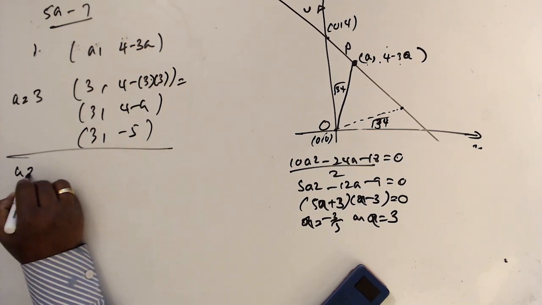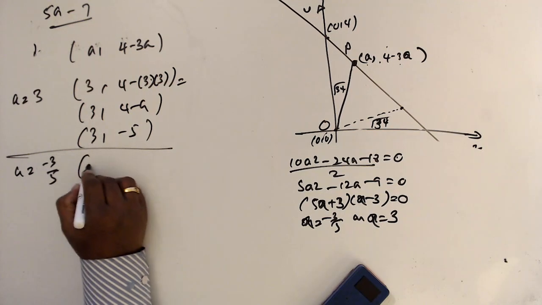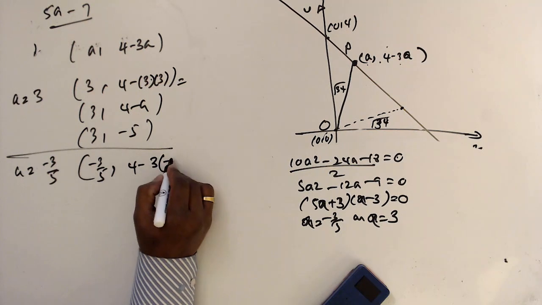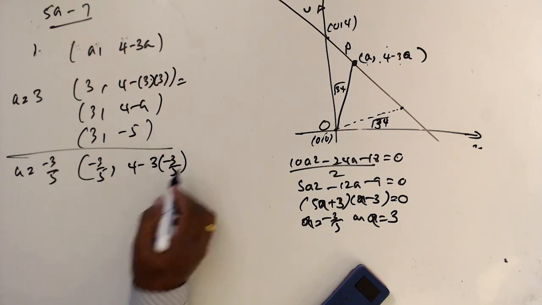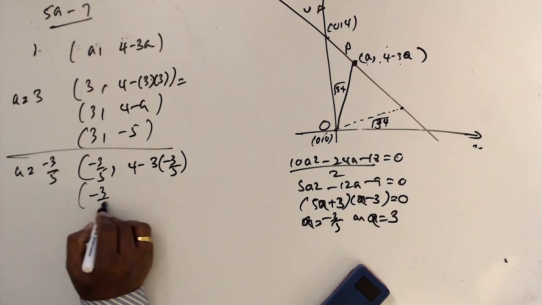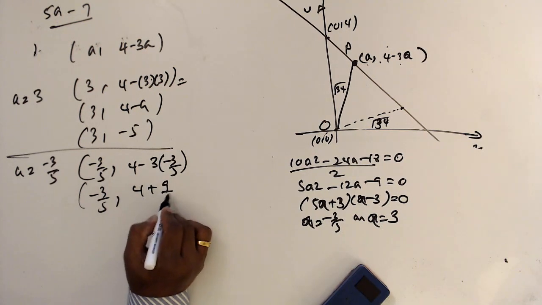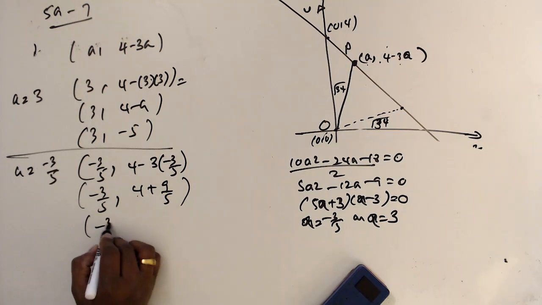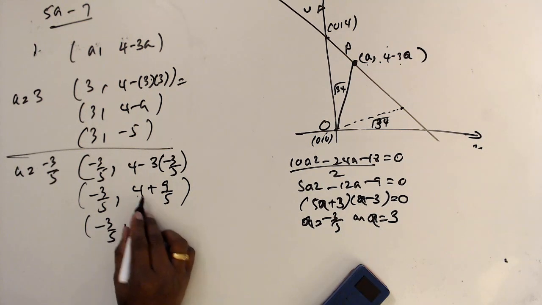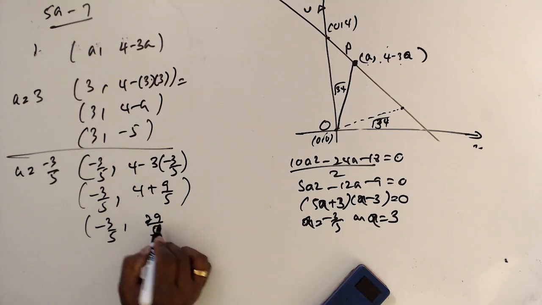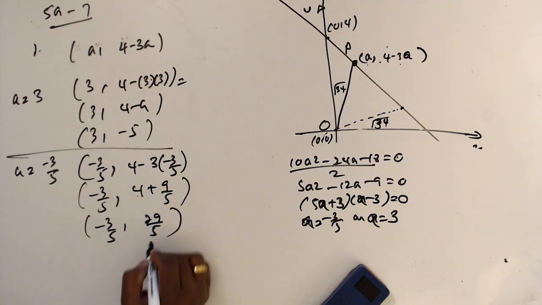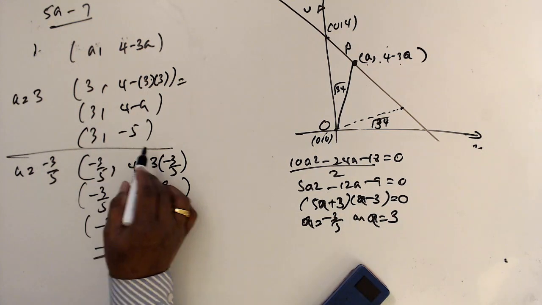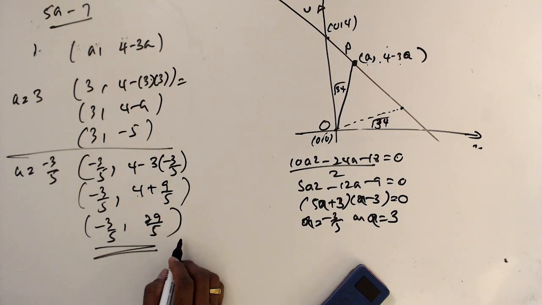And when a equals minus 3 over 5, it is (minus 3 over 5, 4 minus 3 times minus 3 over 5), which is 4 plus 9 over 5, so (minus 3 over 5, 29 over 5). So those are the 2 points: (3, minus 5) and (minus 3 over 5, 29 over 5).